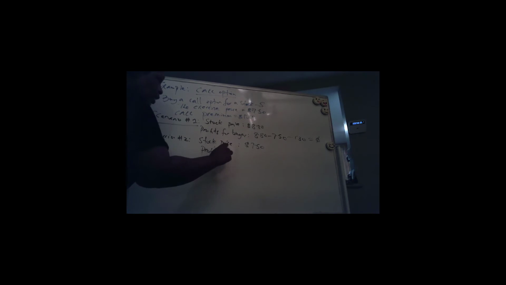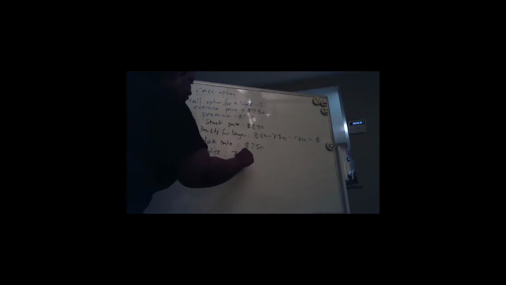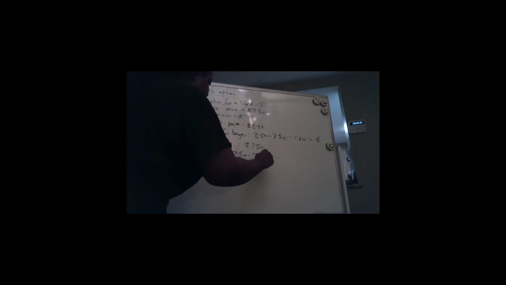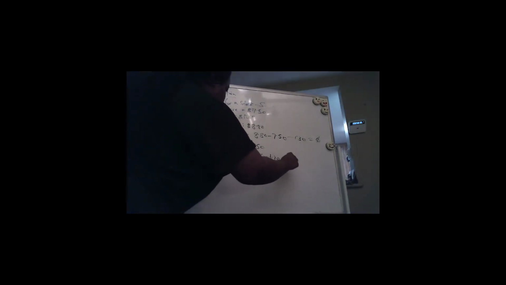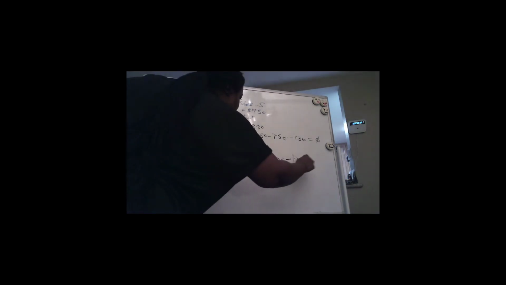Alright. You're gonna sell it for $7.50, because that's what you could get for it. But you bought it for $7.50. And you gotta pay the premium. So you lose exactly $1.30. The reason why I chose this $7.50: if you exercise the option, you lose $1.30. If you choose not to exercise the option, you lose $1.30.